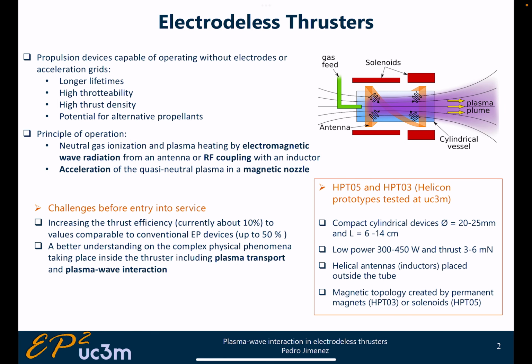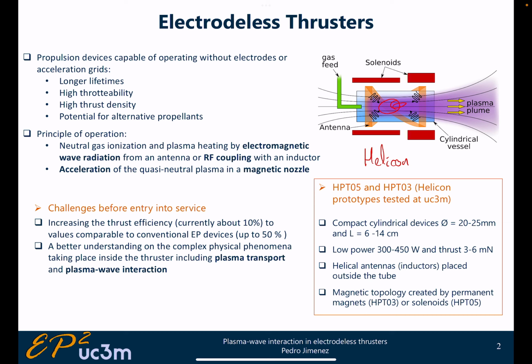So, this is more or less the same introduction I had last year. Electrodeless thrusters are novel devices in the electric propulsion family and they promise quite interesting advantages. You have them here. Now, the principle of operation is basically the plasma heating and the neutral gas ionization in the source by the radio frequency coupling of the waves produced by an external antenna in the case of a helicon thruster like this one.